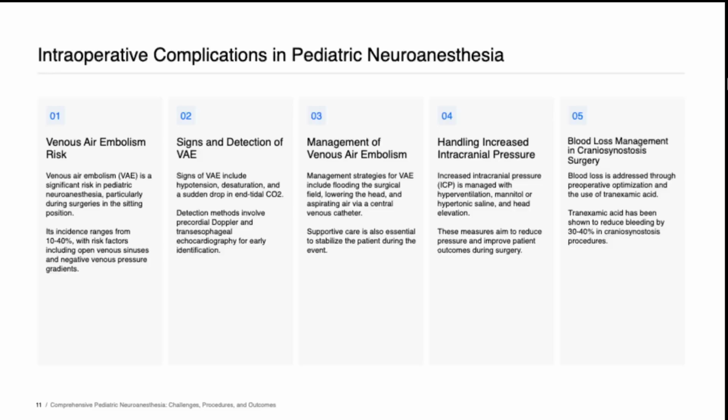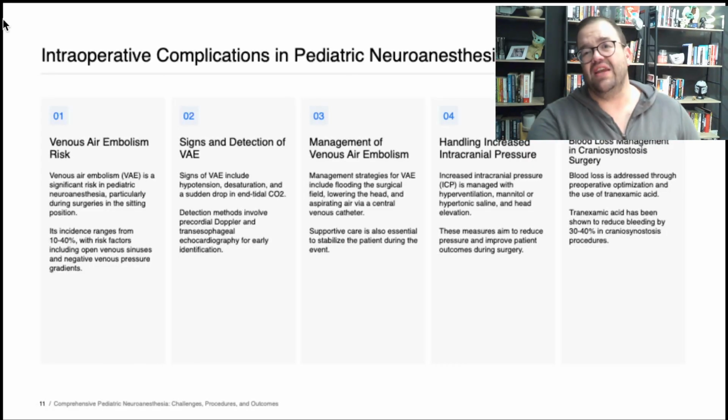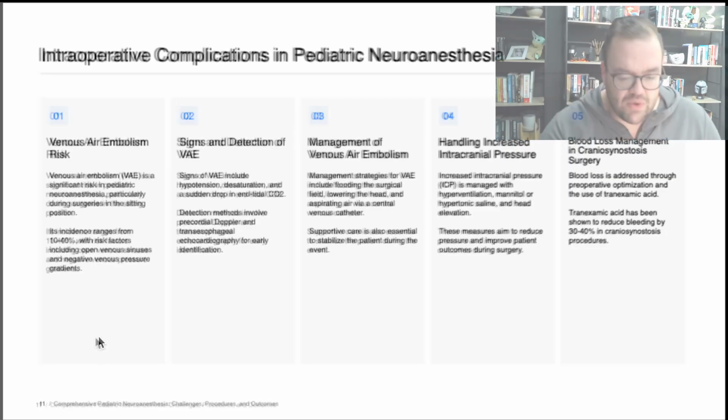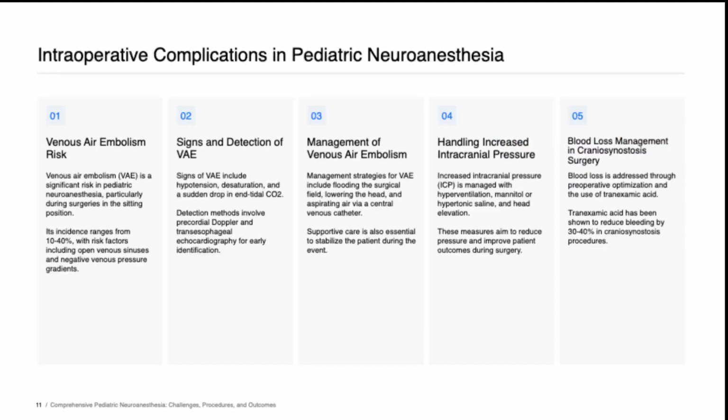And so the risk of entraining air from the atmosphere into a damaged cerebral vein or one of the cerebral sinuses is a significant risk, especially in the sitting position. Although I must be honest, thankfully, very little surgery is done in the full sitting position these days. So the risk is somewhat lower. But it's something we need to be aware of, something that you need to be able to manage.